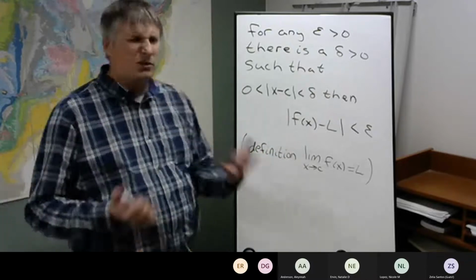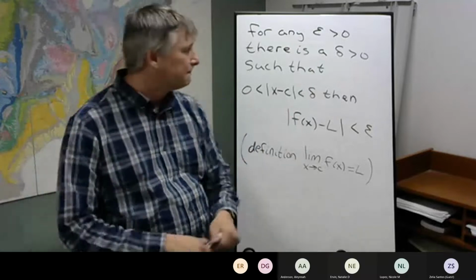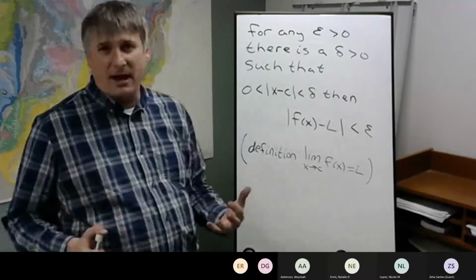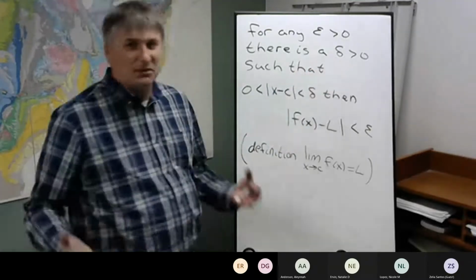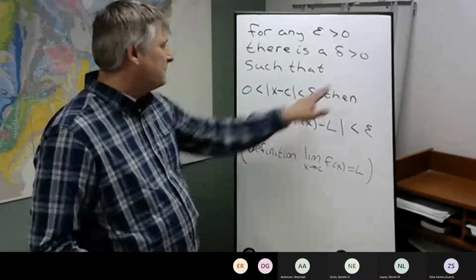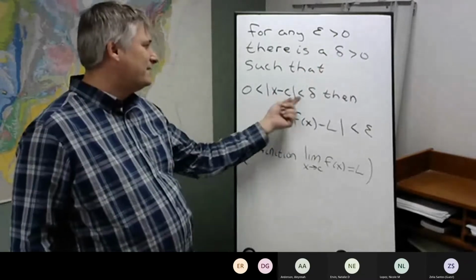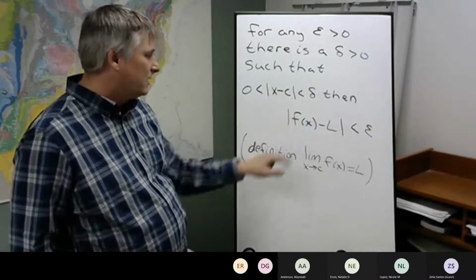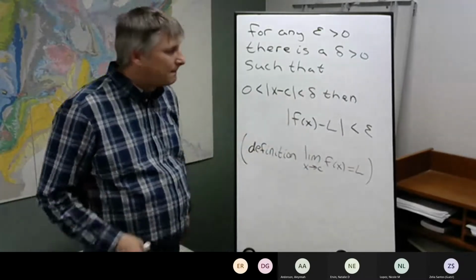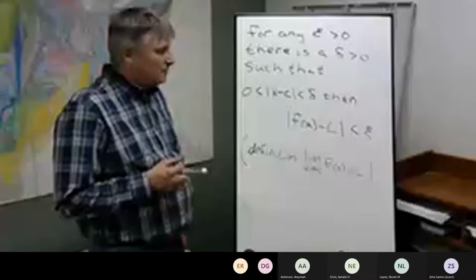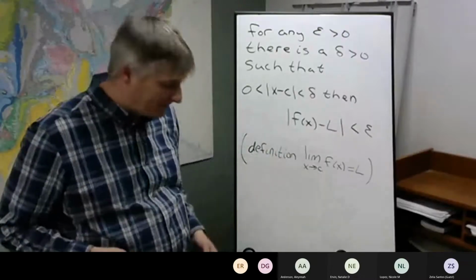We kind of assume epsilon could be arbitrarily small. Well, given that fact, can we find a delta that makes this epsilon work? Can we find a delta where, when x is within delta units of c, f of x will be within epsilon units of the limit? So it all kind of starts with your choice of epsilon, and then you find delta.